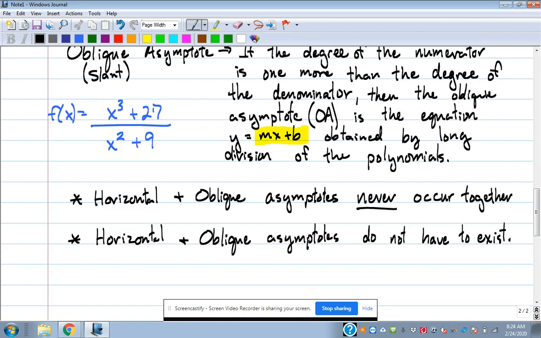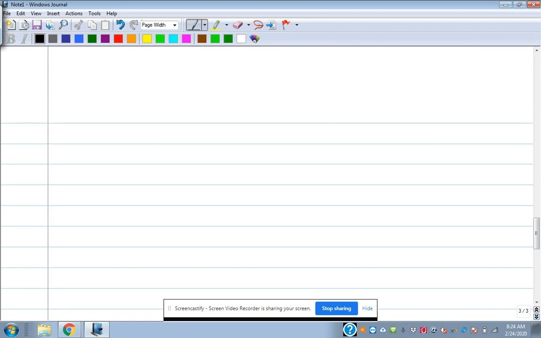Okay, it's possible for it to just have vertical asymptotes. It's possible, if the fraction were to simplify in a nice way, where there was 1 on the denominator, that it ends up looking a lot like something that's not even rational. That's just a regular equation. So let's start with an example, and we're going to find the domain and then these asymptotes. And we'll add in the other stuff in just a little bit.